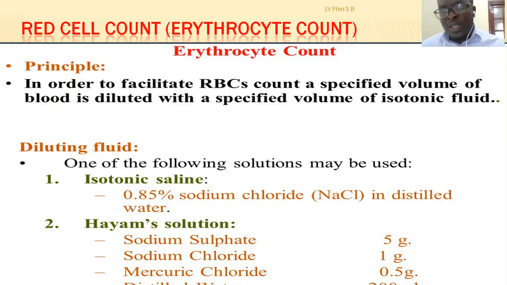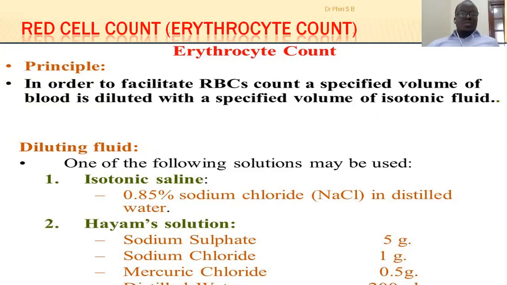In such a fluid, the cell will maintain its shape and size. It won't become smaller, it won't shrink, because you're not losing water from the cell to the solution. Neither are you gaining fluids from the solution into the cell to become bigger. So the cell will maintain its shape. That's why you use isotonic fluid for diluting red blood cells for the purpose of counting.